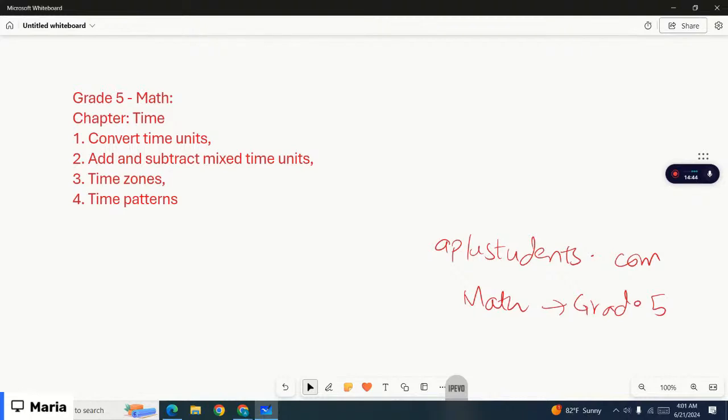The lessons we're going to cover today are convert time units, add and subtract mixed time units, time zones and patterns.